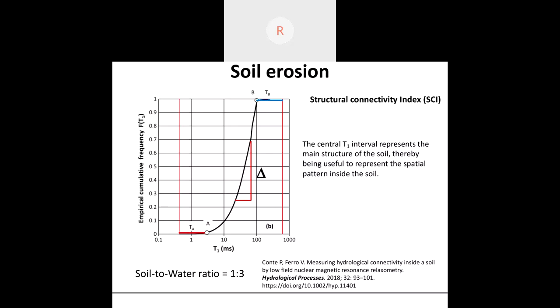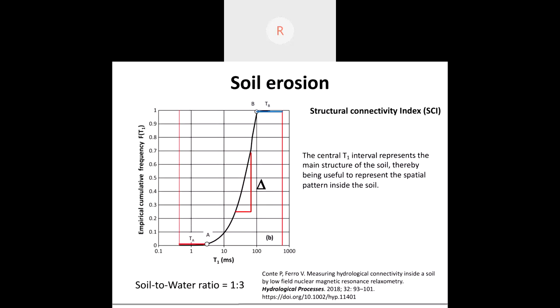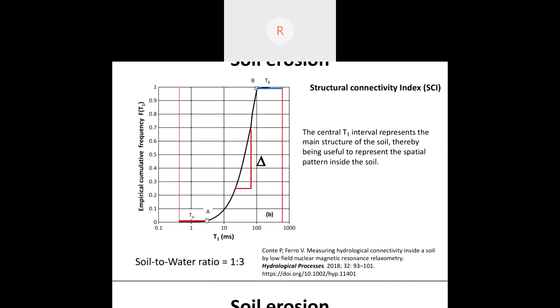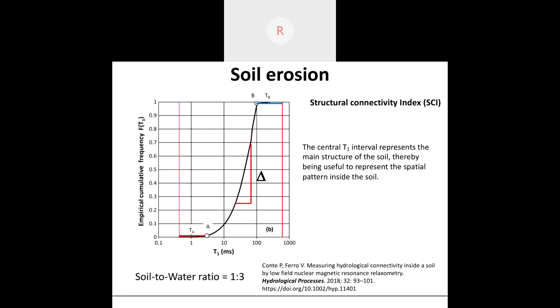Okay, so once we have these parameters, we have two numbers, two quantitative indexes that can be used for measuring soil erosion.